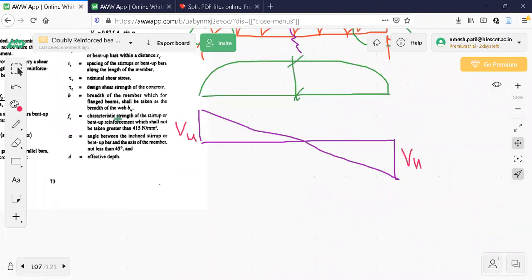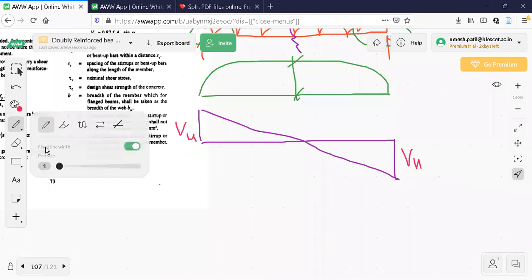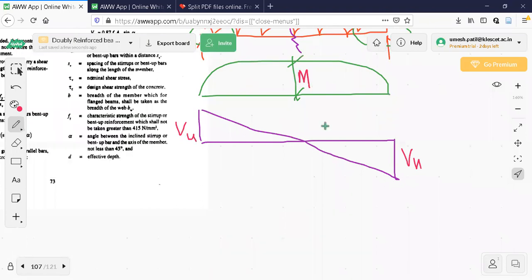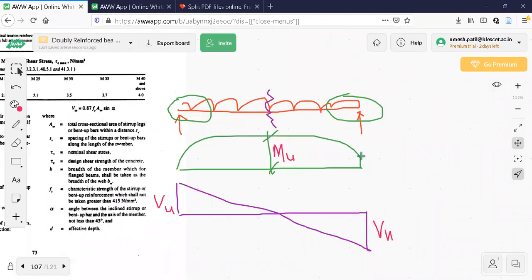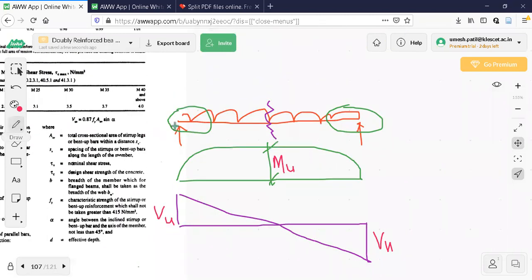This is VU, and I'll write here MU. So as you know, MU is equal to WUL square by 8, or I can say WL square by 8.